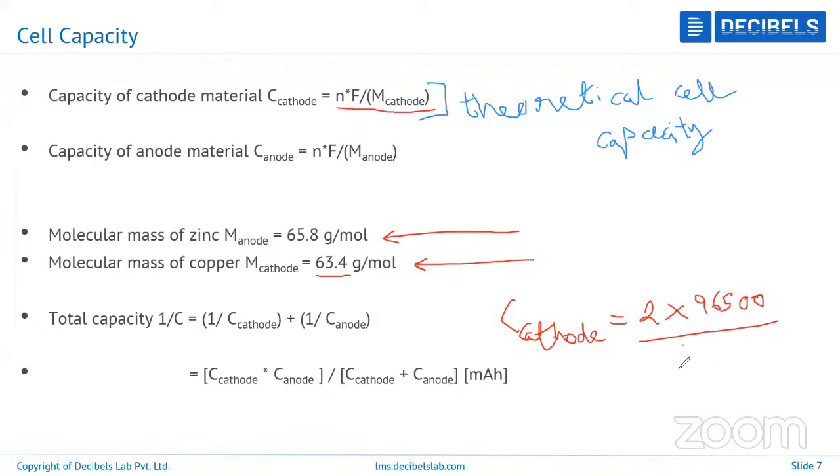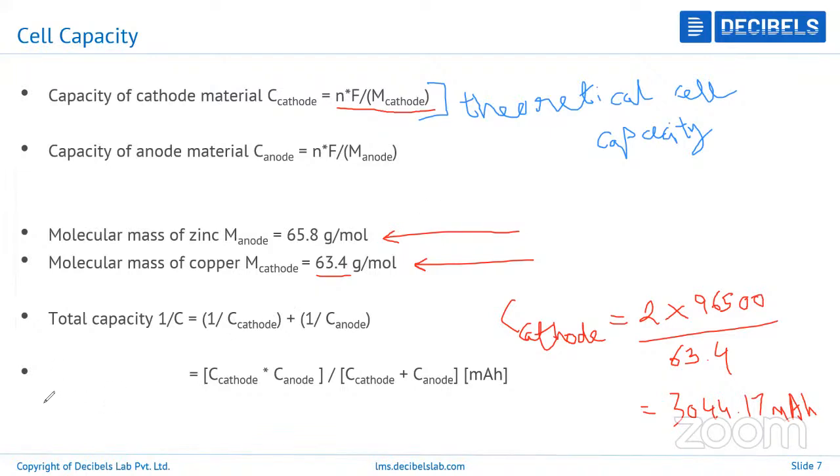So we will write here 63.4, and the value of this should be 3044.17 milliamp hours. Your answer will be in milliamp hours, not amp hours. This is only the capacity at the cathode, and for the anode we will write separately.